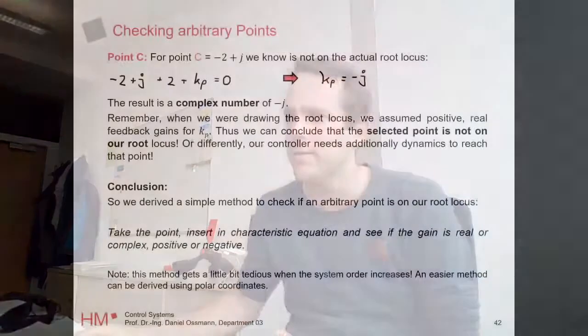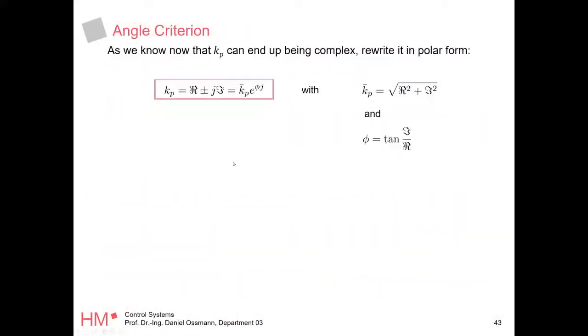Okay, where are my slides? Okay. We know that Kp can end up being complex, right? And it's not good if it ends up being complex, but still, the fact that it can be complex makes sense to get to a point where we rewrite our Kp in terms of a magnitude and an angle. So Kp has a real part and an imaginary part.